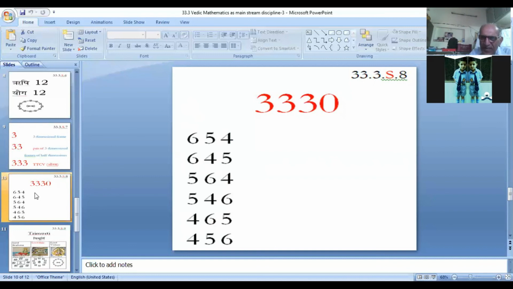So 5 space is a solid order space. 3 space is a linear order space.